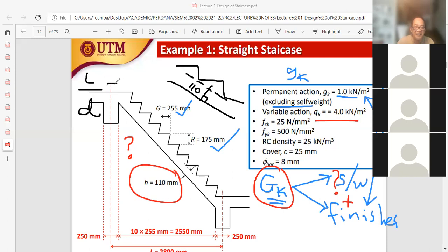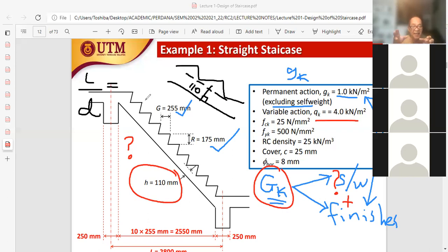Remember kita punya deflection criteria dalam RC1, looking at beam ke ataupun slab, what you did earlier was calculate the L over D allowable, the allowable span over depth ratio, compare the allowable dengan L over D actual, the actual L over D. If the L over D allowable is greater than the actual L over D, then it is okay.